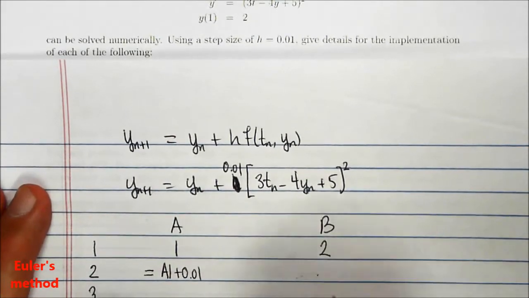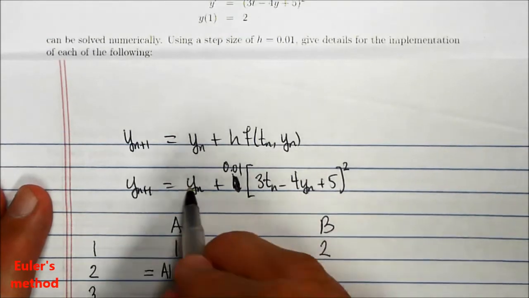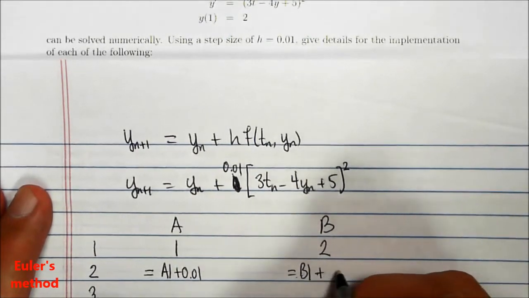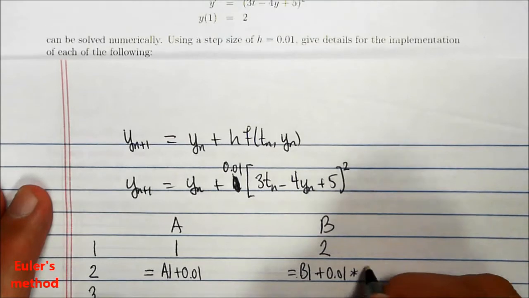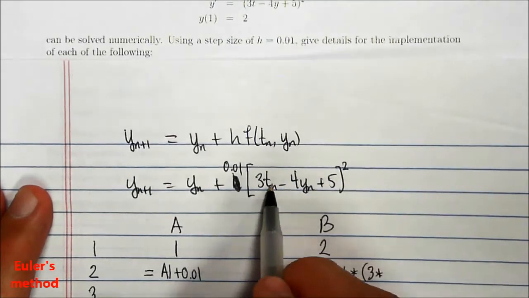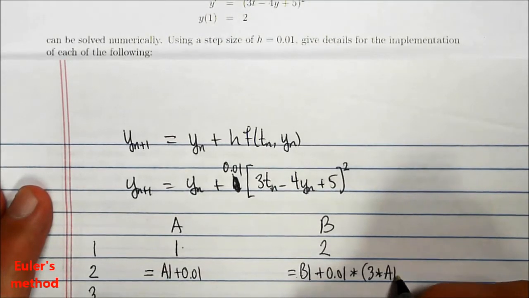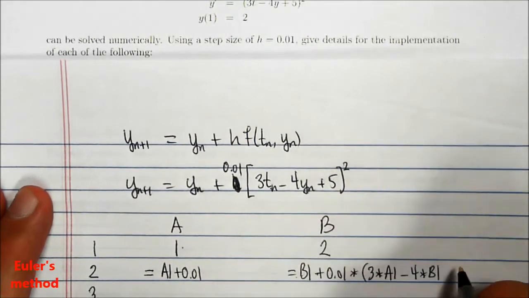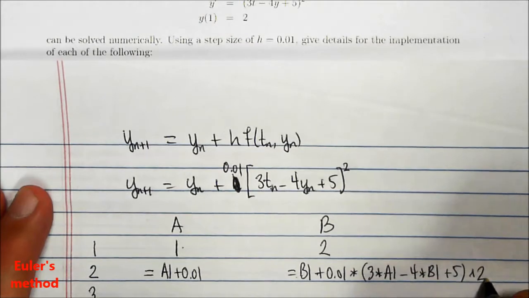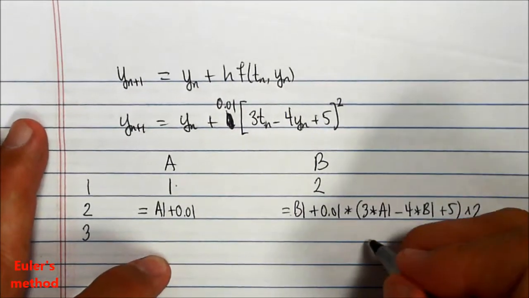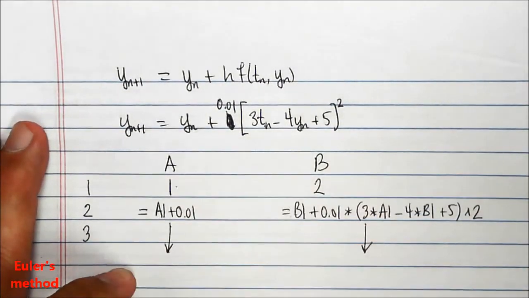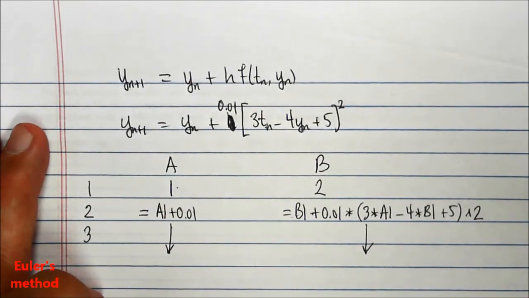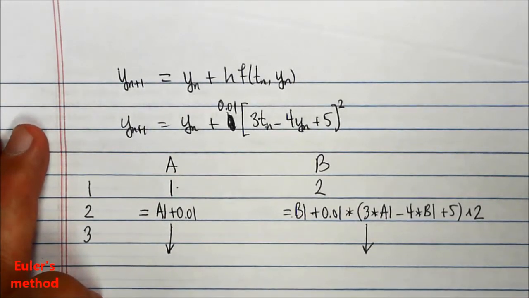Then in cell B2, I would have equals the previous y value plus 0.01 times the quantity 3 times the previous t value minus 4 times the previous y value plus 5, squared. And then I would fill down these columns to whatever accuracy I want.